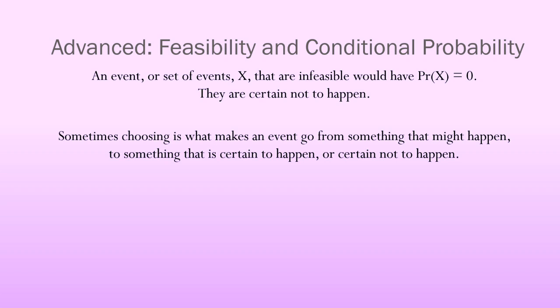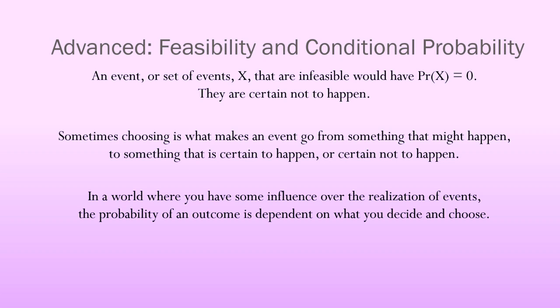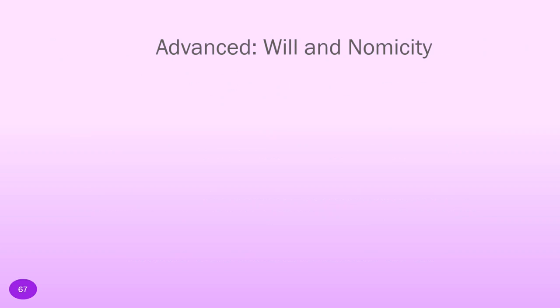So sometimes choosing is what makes an event go from something that might happen to something that is certain to happen or certain to not happen. All right? So in a world where you have some influence over the realization of events, the probability of an outcome is dependent on what you decide and choose. Such probabilities are referred to as conditional probabilities, right? The probability is conditioned on your decisions and your choices.